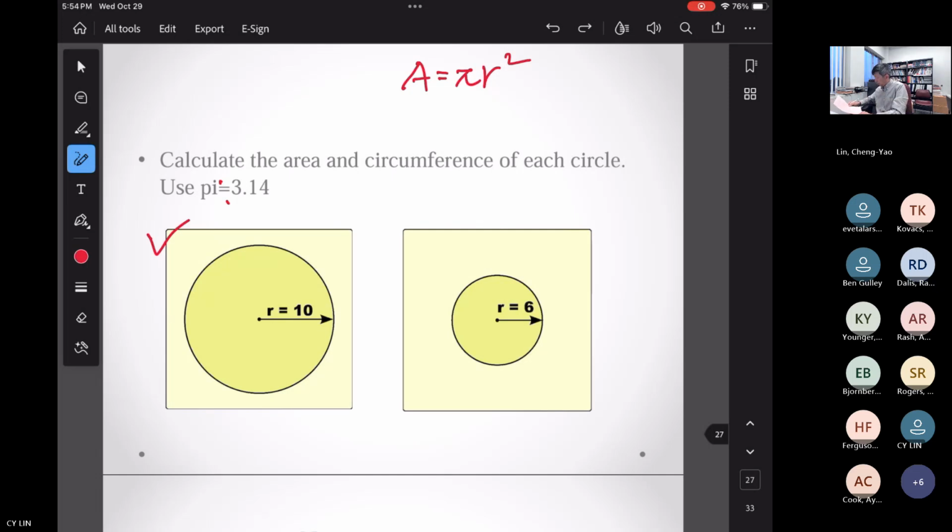Finding out the area, okay? So the area is a full circle, right? Yes, this is a full circle.